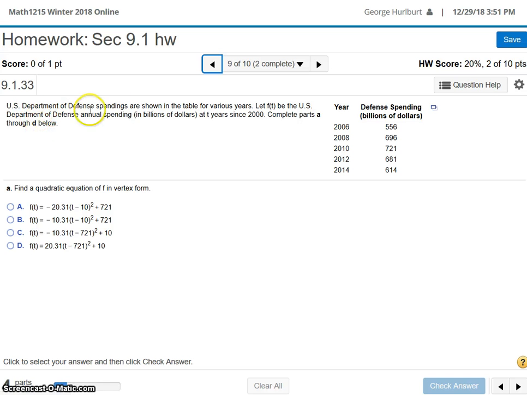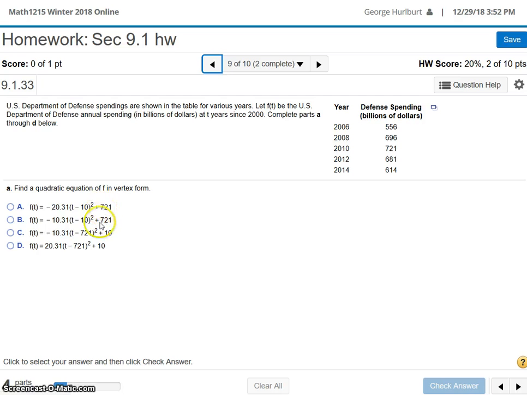All right. U.S. Department of Defense spendings are shown below. Complete part C, D. Find a quadratic equation in vertex form. Looking at the data, I can see that my vertex looks like it's 10, 721. So I know I have to have a t minus 10 and then a plus 721.